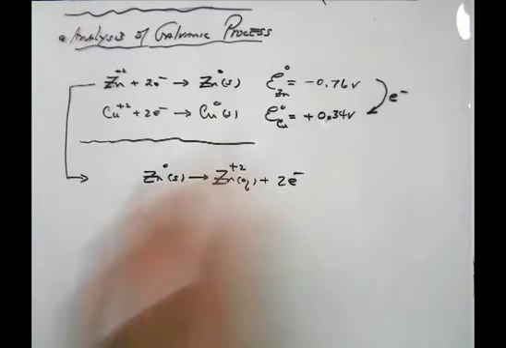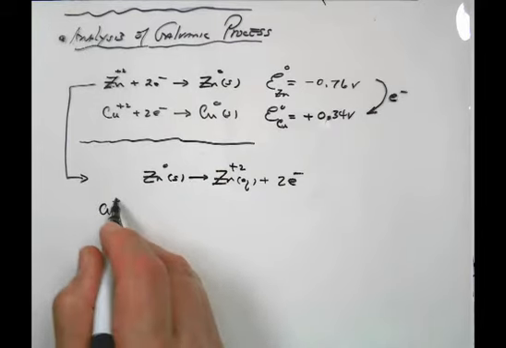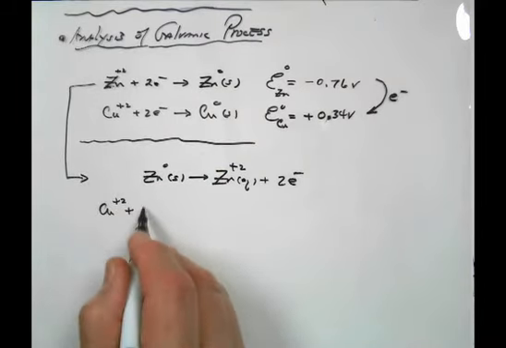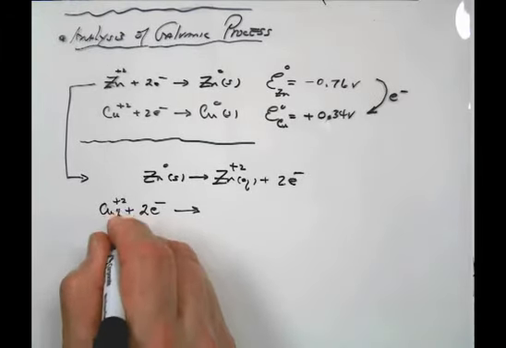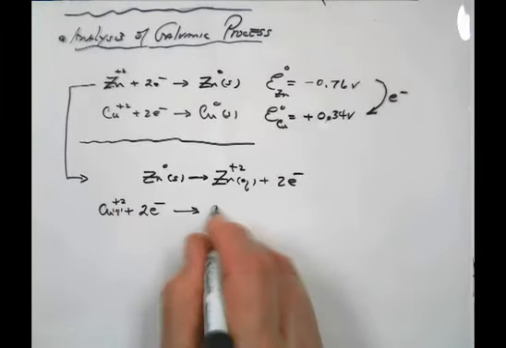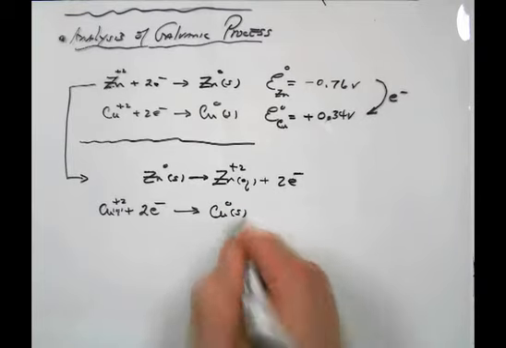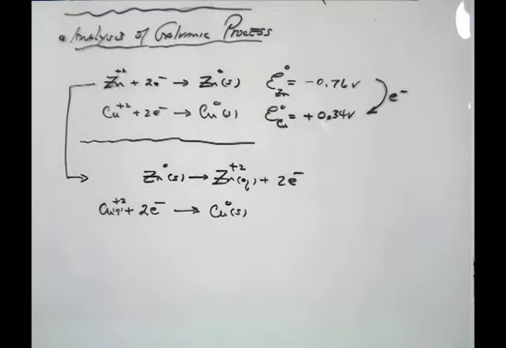And copper does not change because you want it to show receiving electrons. That's aqueous. To reduce copper, like that.